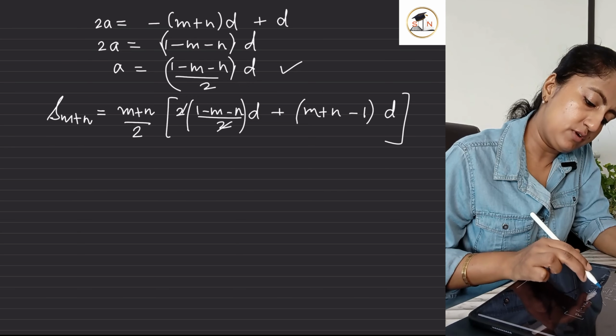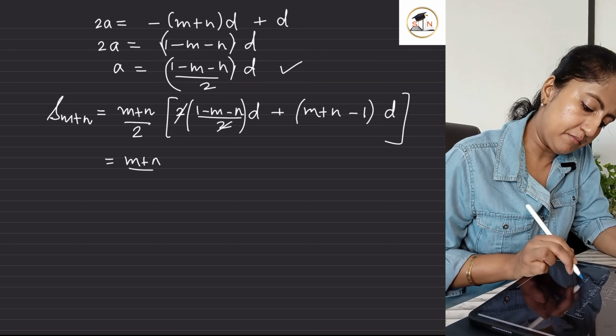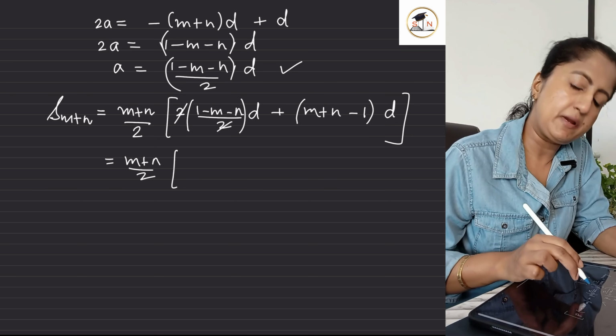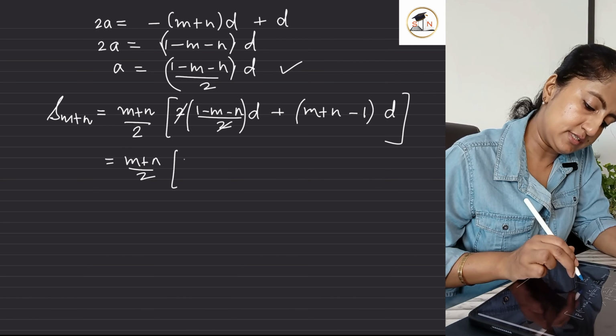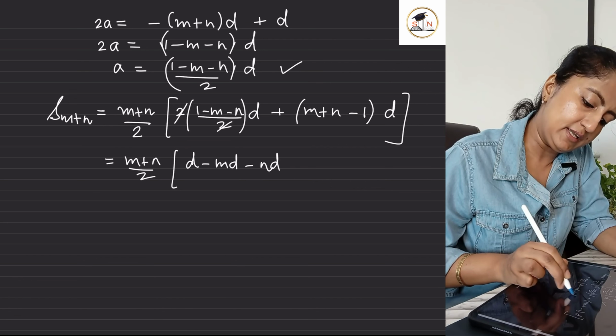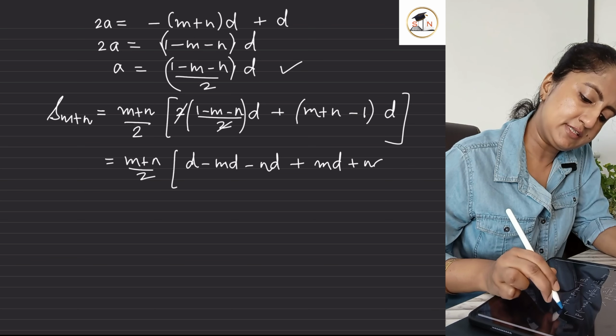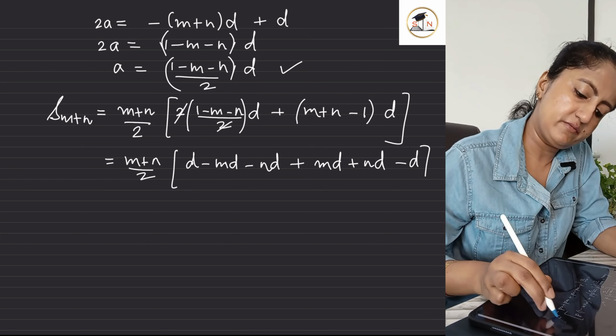Okay, this 2 and this 2 got cancelled. m plus n by 2. I will expand things in the bracket, which results in d minus md minus nd. Now expanding the second bracket also, md plus nd minus d.